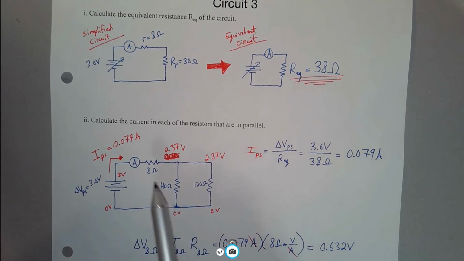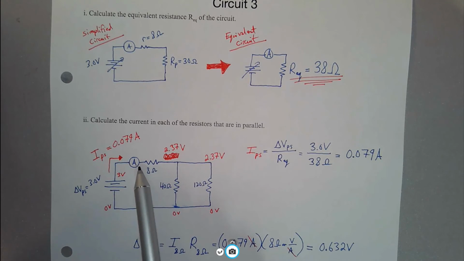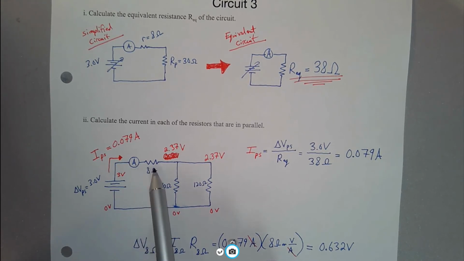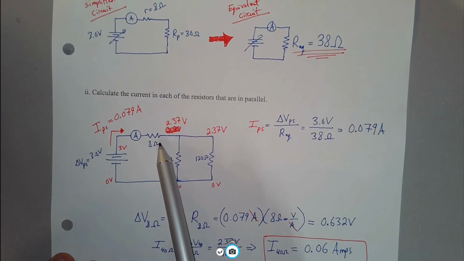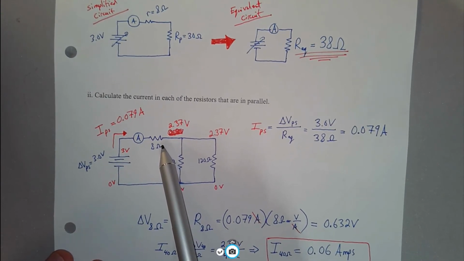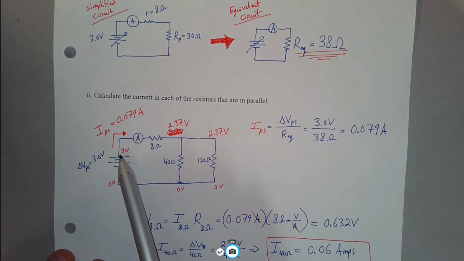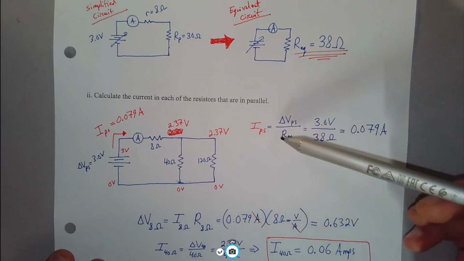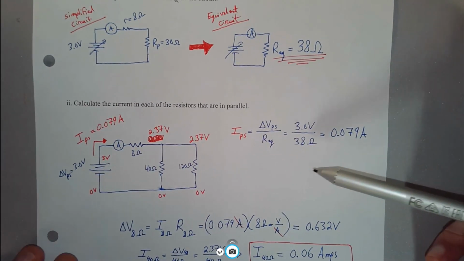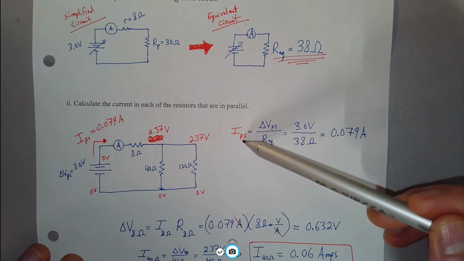So we first need to figure out the change in voltage across that 8 ohm resistor. To do that, we need to know the current going through it times its resistance. So how much current flows through that little 8 ohm resistor? Well, the total current that comes out of the battery has to go through it. So we have to use Ohm's law first to figure out the current coming out of the power supply.